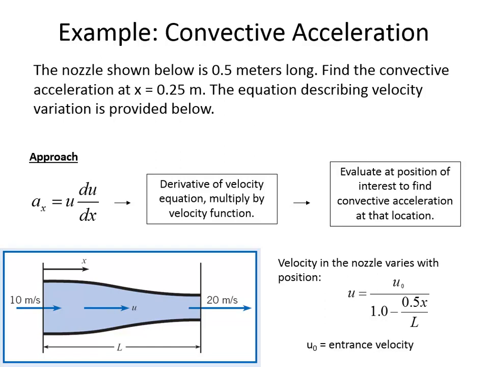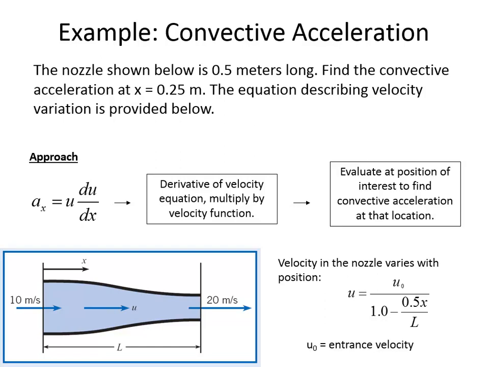Where this ends up is that expression at the end of our chain rule, which is 0.5 u naught squared divided by L times (1 minus 0.5x divided by L) to the third power.